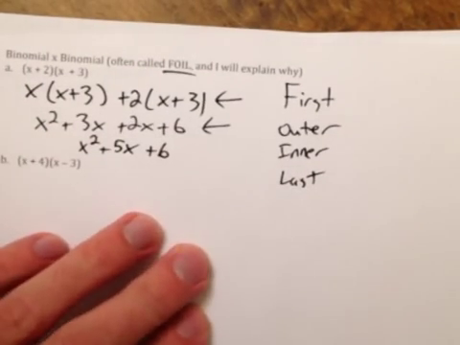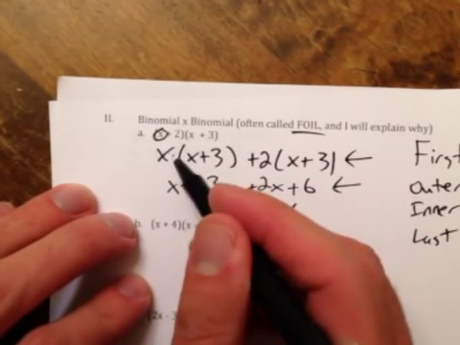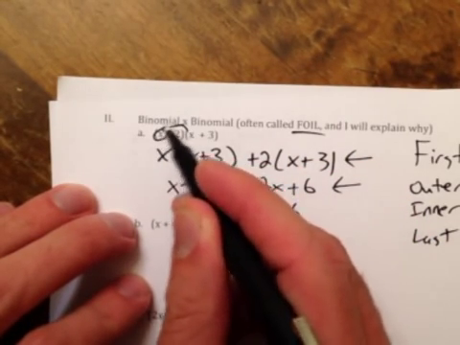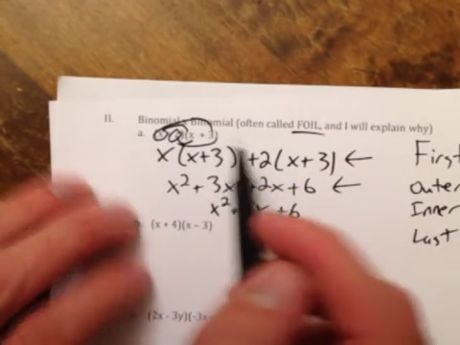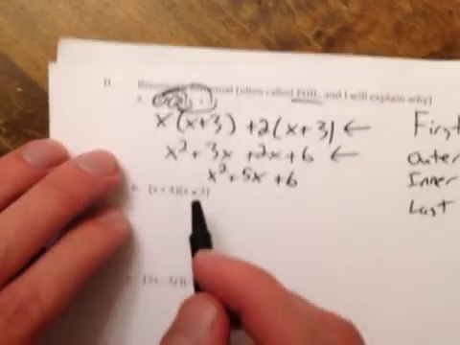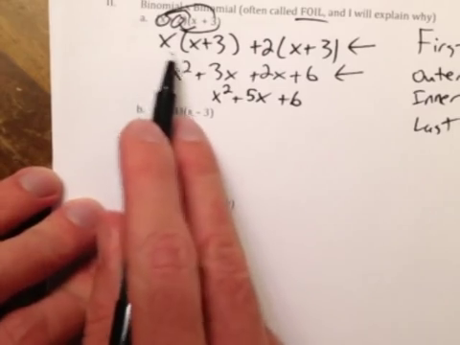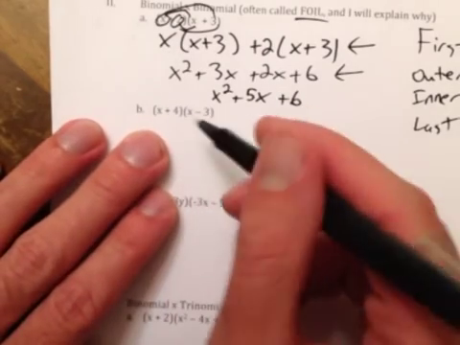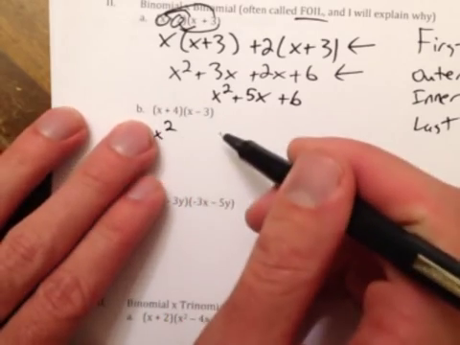The whole idea is that since you have to multiply this x times both the x and the 3 and the 2 by both the x and the 3, you're first multiplying the first two terms. So if I use FOIL on this one as opposed to setting it up like a distributive property problem, I could multiply the first two, x and x, and get x squared.